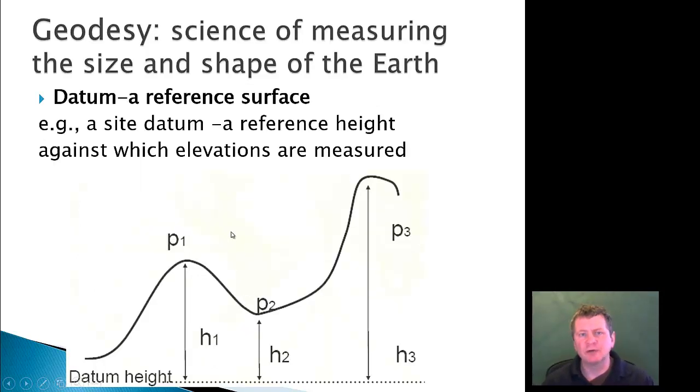Okay, so geodesy is the science of measuring the size and shape of the Earth. And when we do this, we need to measure from a reference surface. We could go all the way to the center of the Earth, but what we use is a concept called a datum, which is a reference surface. We want to measure from that reference surface to determine heights. This is important because height as we know it really isn't from the center of the Earth, but from a surface that has a consistent characteristic, which we'll see shortly.